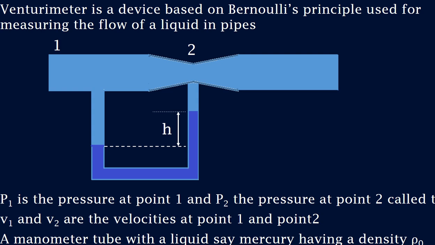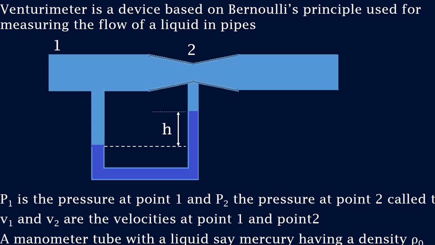Now, applying the principles of fluid dynamics, we establish the relationship between these variables. As the liquid negotiates the throat region, its velocity increases due to the reduced cross-sectional area. Adhering to the conservation of mass, according to Bernoulli's equation, this rise in velocity is associated with a decrease in pressure.